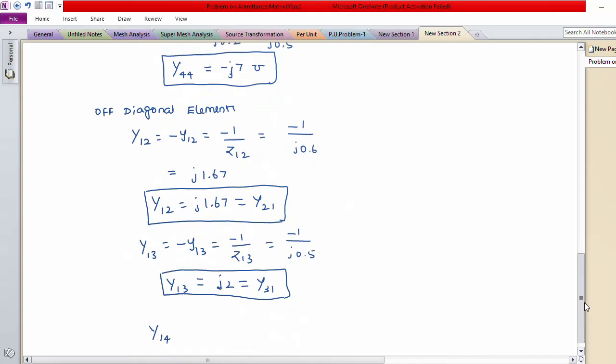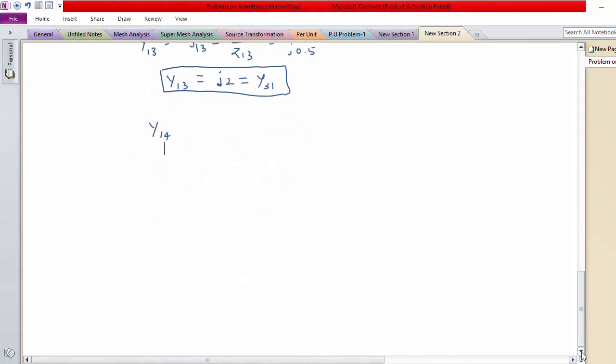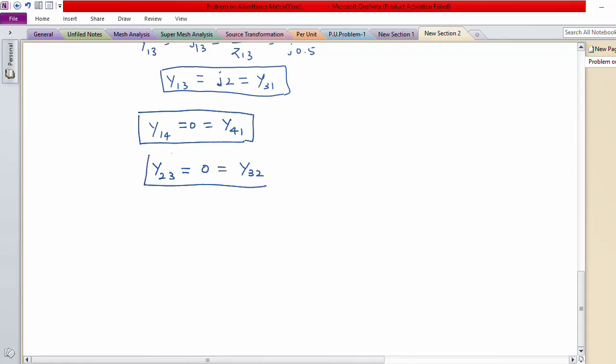Y14 becomes 0, that also equals Y41. Now we have determined Y21 and Y13 values. We have to determine Y23. From the network, we know that there is no line connected between bus 2 and bus 3, so Y23 also 0, that will be equal to Y32.